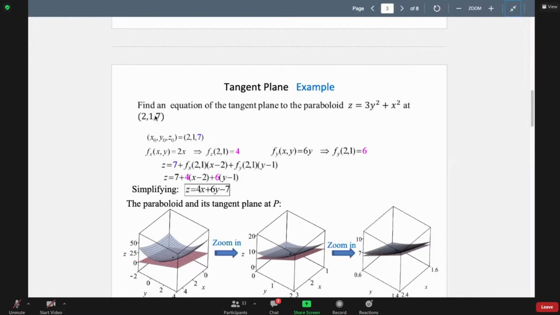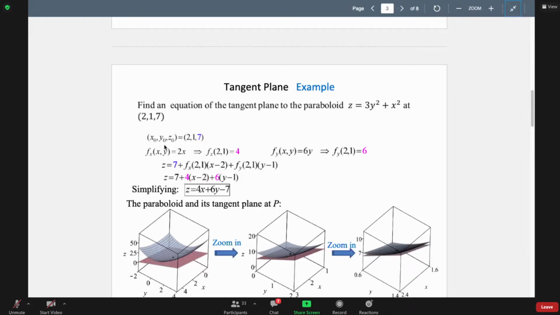So this 7, you can compute from here. If you substitute 1 and 2 here, you get that the last component, z, is 7. So of course, the point (2, 1, 7) is on this surface, on this paraboloid. It is more or less here.